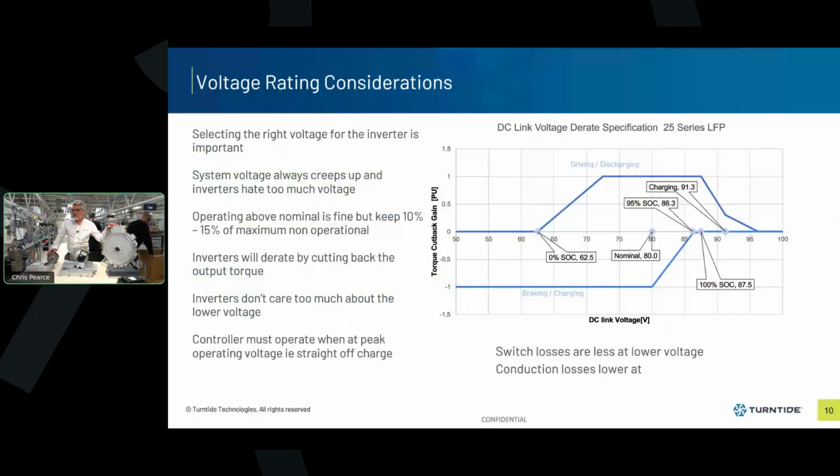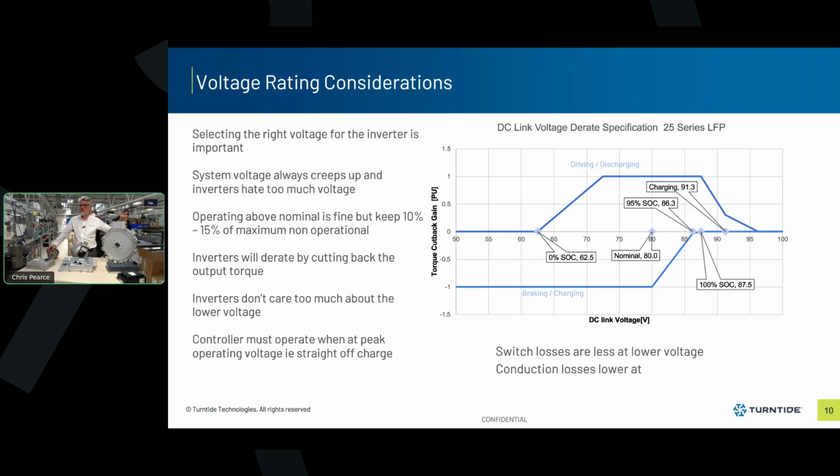Another important part of the inverter selection is its voltage rating and how it manages the voltage across the range of charge of the selected battery. So here's an example of how our Gen 6 product would manage a 25S LFP battery, which is about 2.5 volts per cell.